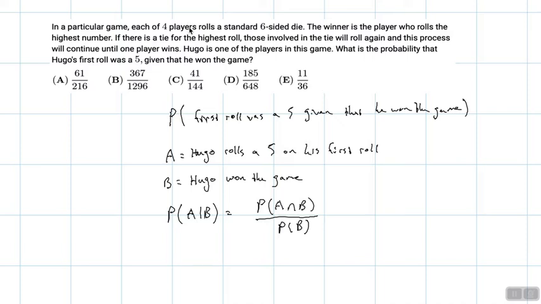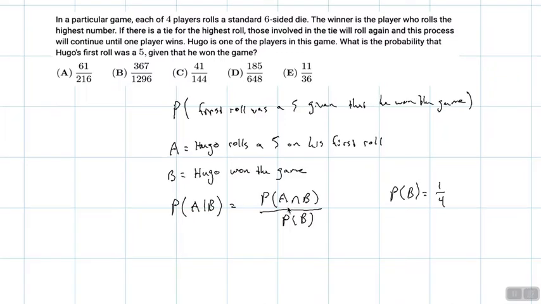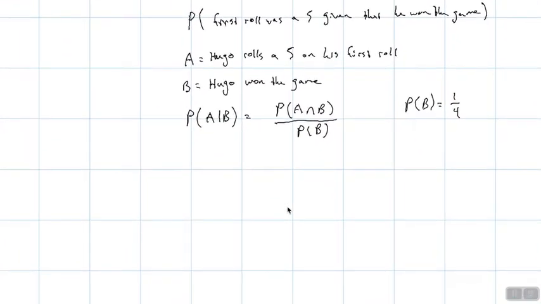There are 4 players in the game. Supposedly they all have an equal chance of winning. So the probability of B is 1/4. We just need to find the probability of A intersect B. The way to do that is by going through all the cases.